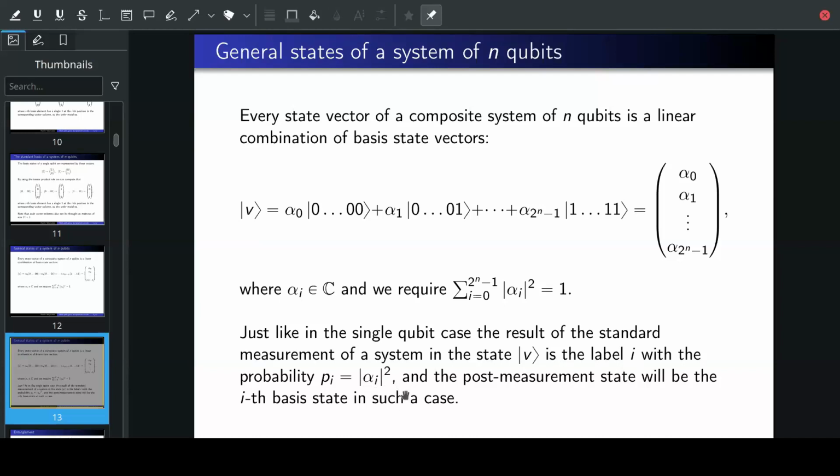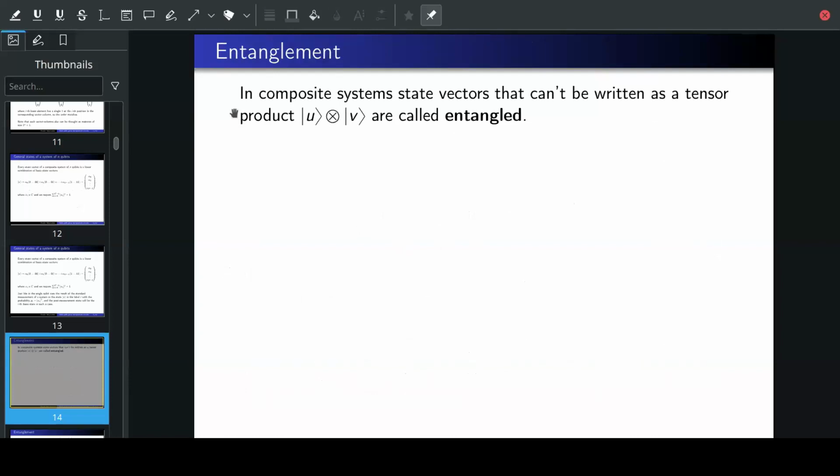And in such a case, if we see the label i in the measurement, the post-measurement state of the system will be the i-th basis state. So if we saw label i, then the post-measurement state will be this basis state.